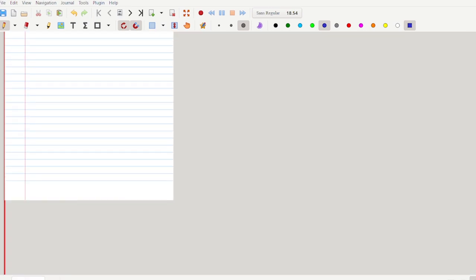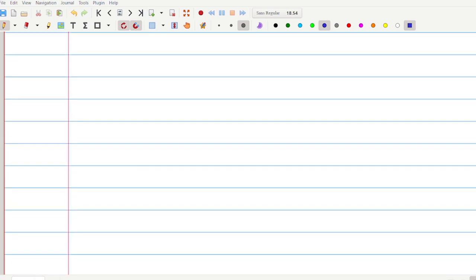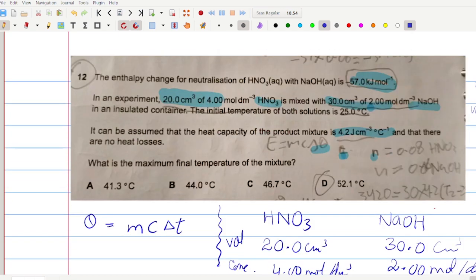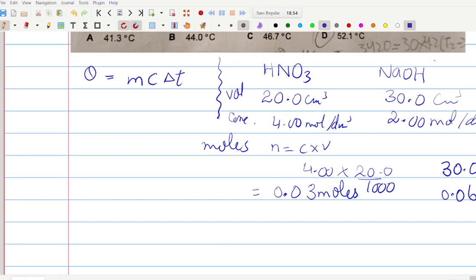I feel a little bit of confusion here, there is some issue in the answer. 0.08 moles. Okay, 0.08 moles.